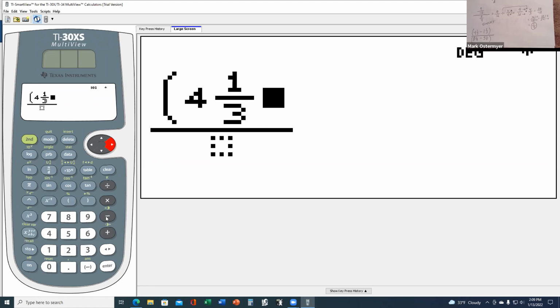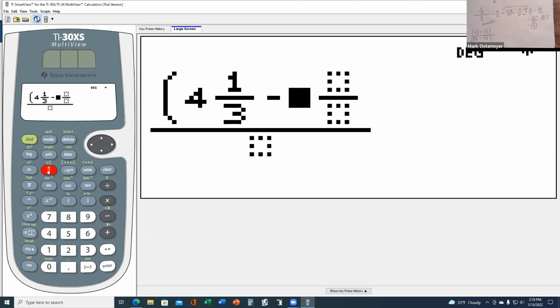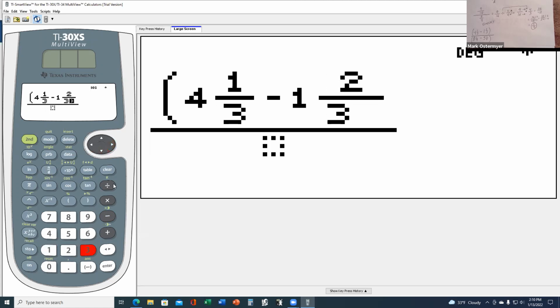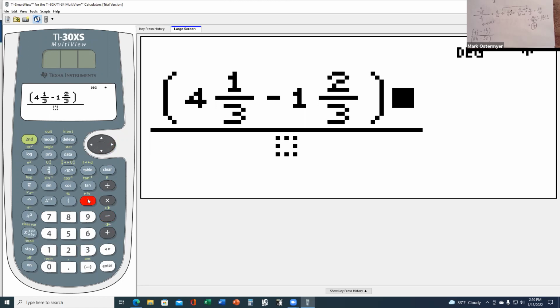So hit your minus button. 1 2/3. We got to go get the mixed number template again. Second fraction button brings up mixed number template, 1 2/3. Hit your right arrow key to bring your cursor up to level.